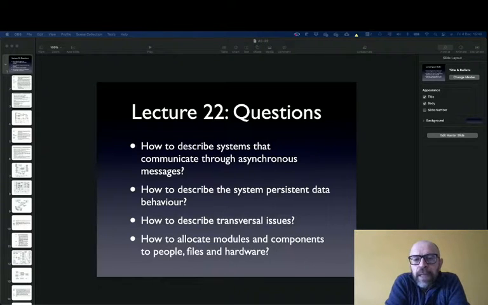And so what we're going to address is how do we describe systems whose behavior is basically asynchronous. They communicate through asynchronous messages.